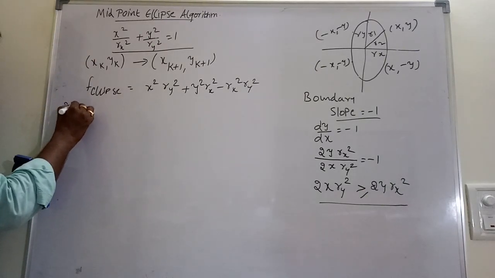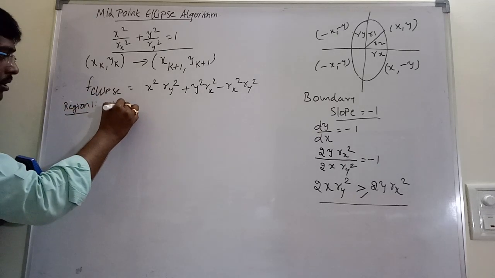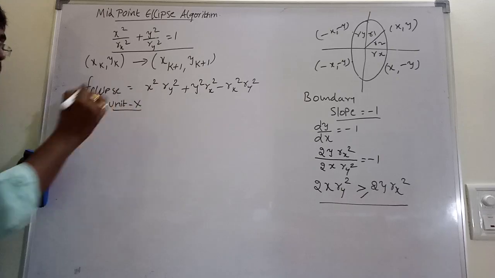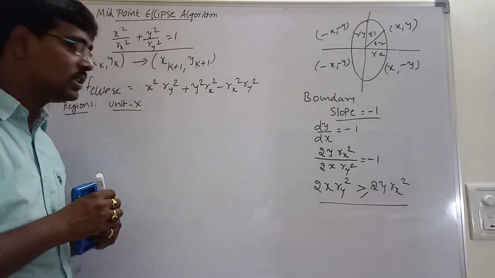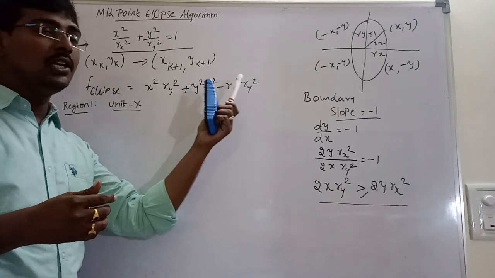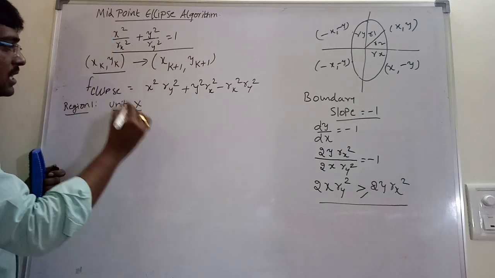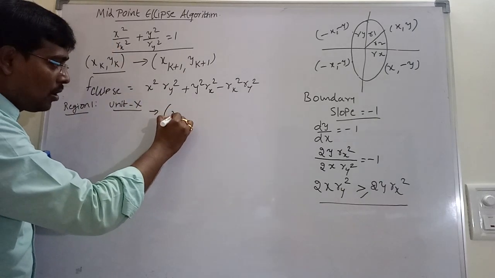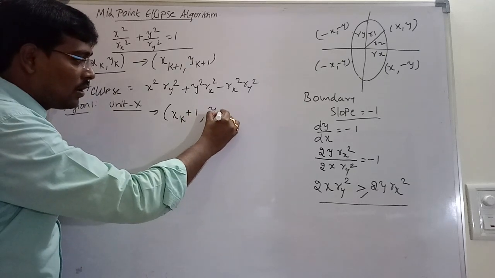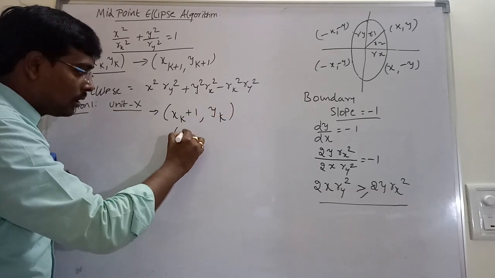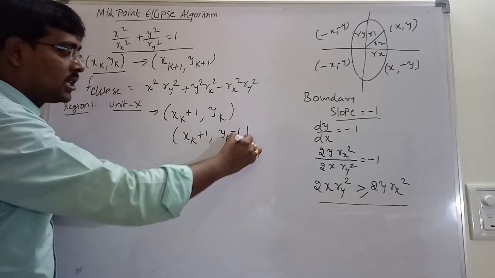Now coming to region 1. Region 1 is unit x intervals. That means each time the x value is incremented by 1, we need to find the y coordinate. The first point is xk, yk, and the next point is xk plus 1 comma yk, or xk plus 1 comma yk minus 1.